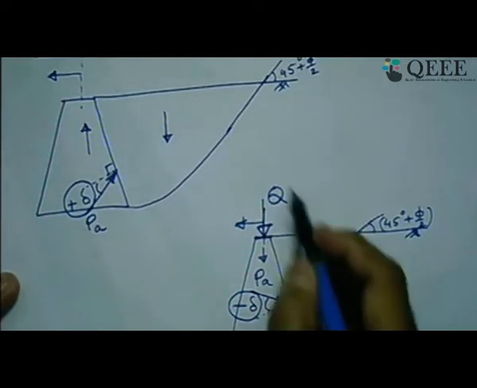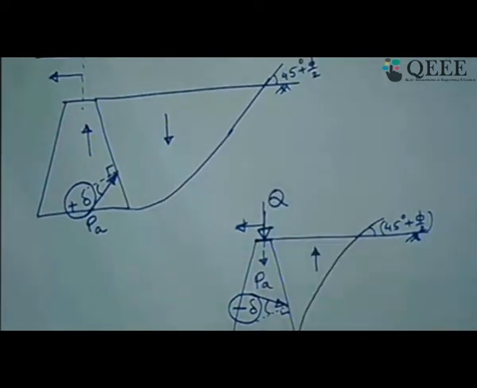So in such a scenario, this kind of negative wall friction angle in active state may arise, and then this will be the case of negative wall friction angle for active.